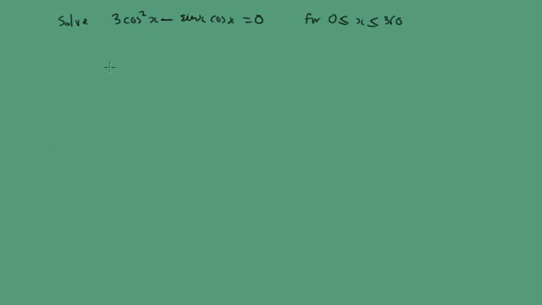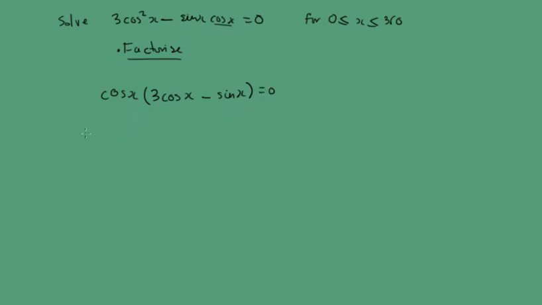So what we're going to do here is factorise it, just like we would any other equation. So we've got a cosine here and a cosine there. So let's take cosine out of the equation. And then we'll be left with 3 cosine x minus sine x equals 0.